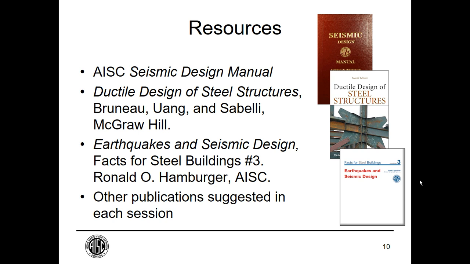And then a free download from AISC, Steel Facts for Steel Buildings, number 3, Earthquakes and Seismic Design by Ron Hamburger. This covers some general information about earthquakes and how they affect buildings, and it's really a great resource that you can use to better understand some of the material covered in the first few sessions.